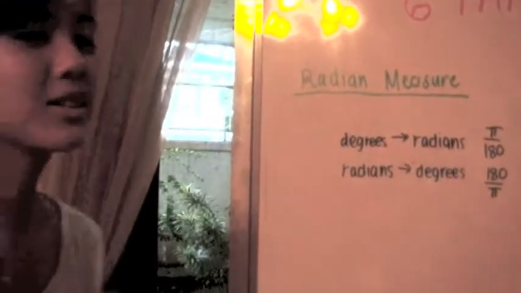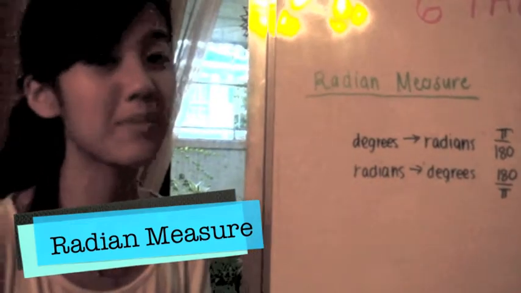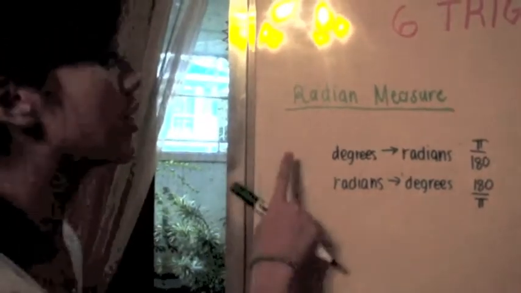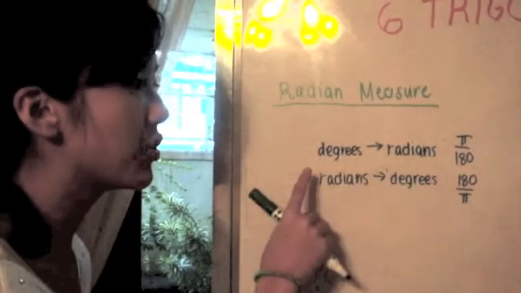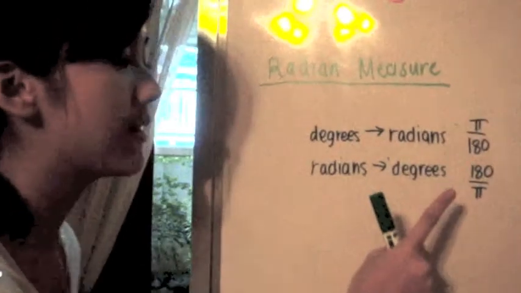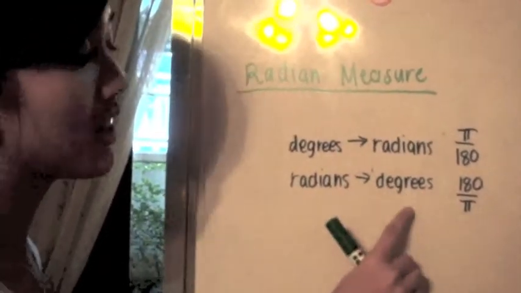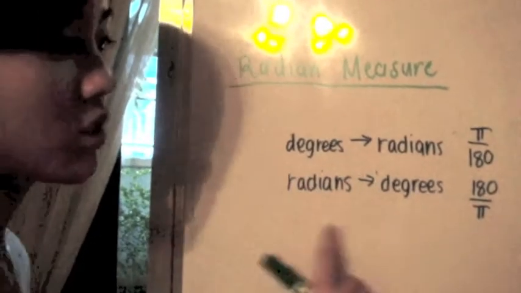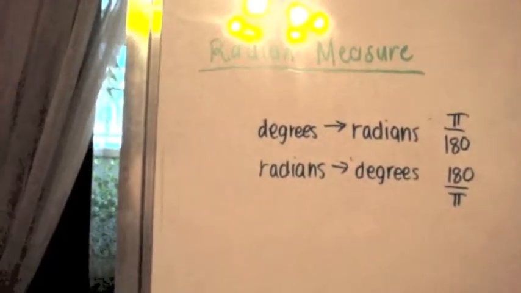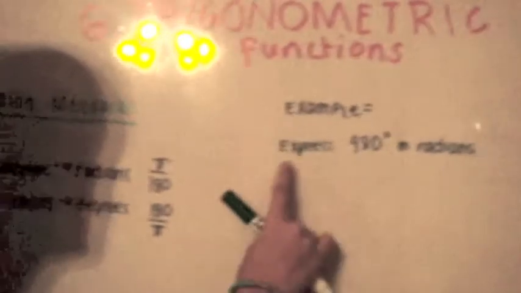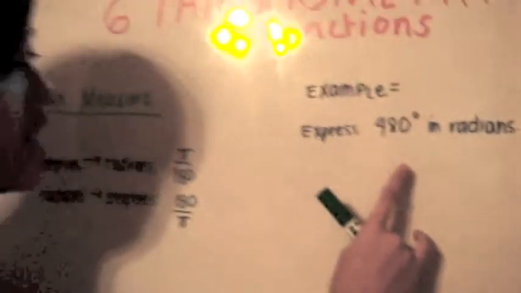We have seen angles measured in degrees, but they can also be measured in radians. To change degrees to radians, you multiply the degrees by pi over 180. To change radians to degrees, you multiply the radians by 180 over pi. An example: express 480 degrees in radians.